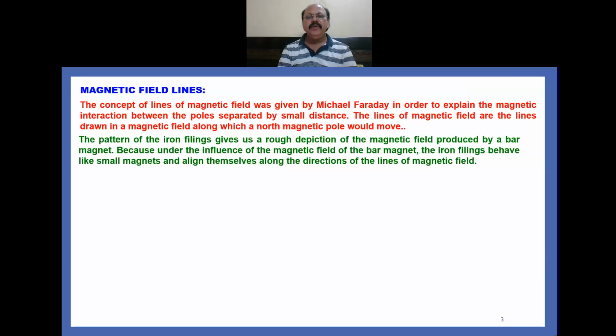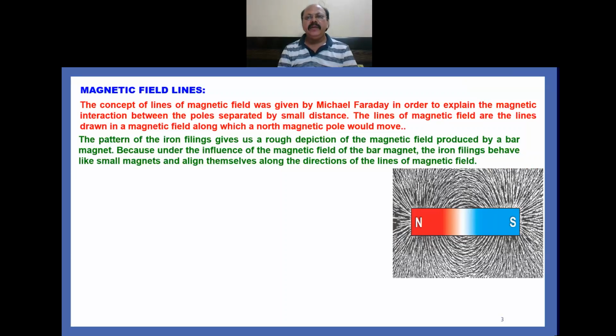Then we get a beautiful pattern that you can see here. This is the north pole and this is the south pole of the bar magnet, and these are the iron filings. The beautiful pattern which you are observing here is the magnetic field lines.